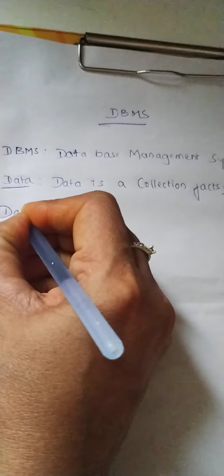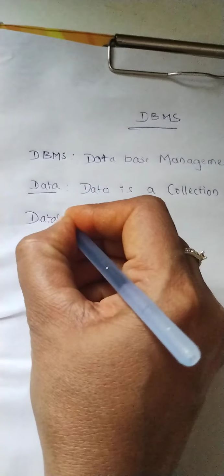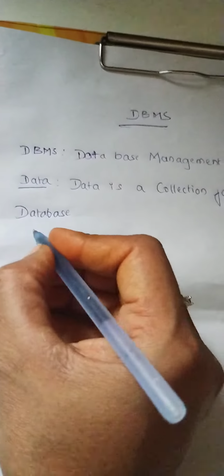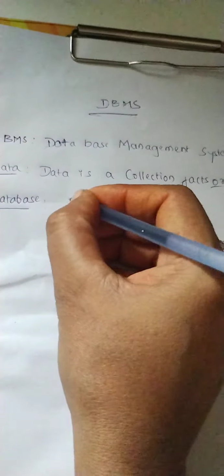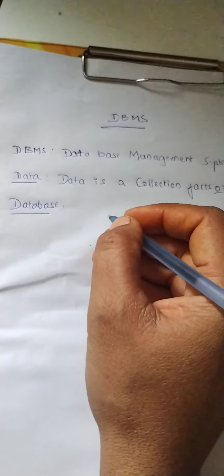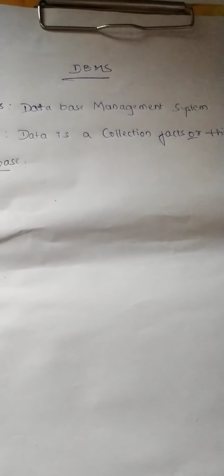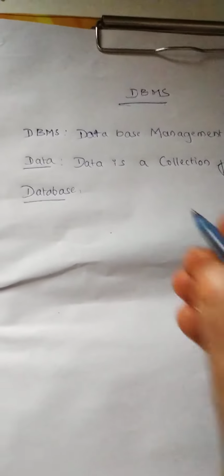And what is a database? The database is a collection of data. See, the definition for data is a collection of information or facts or things, but the database is a collection of data.